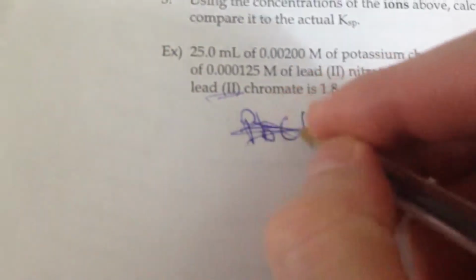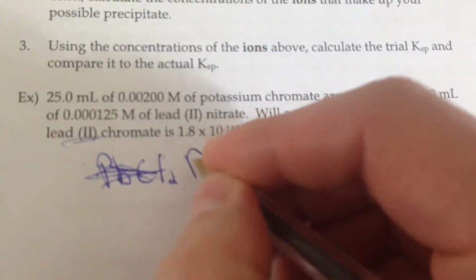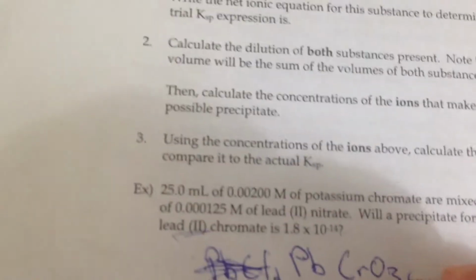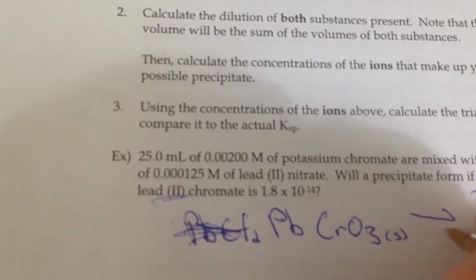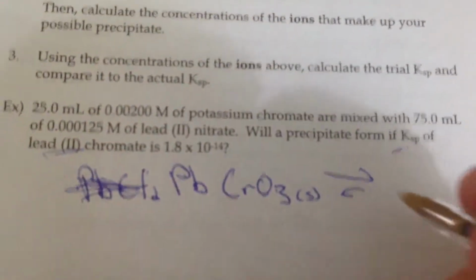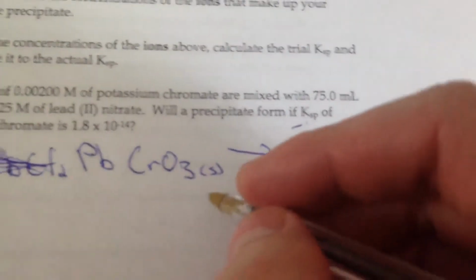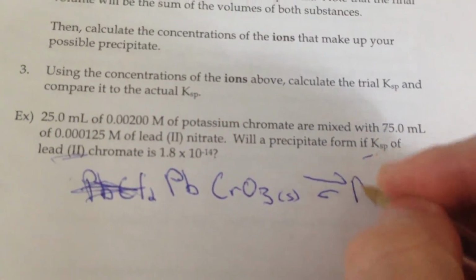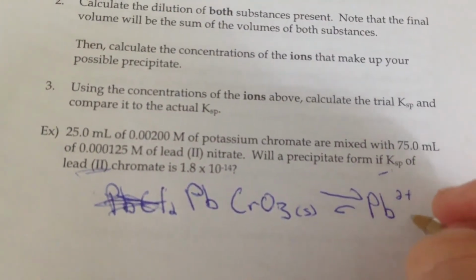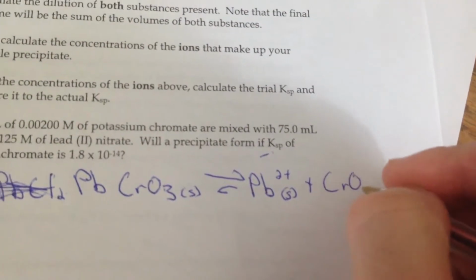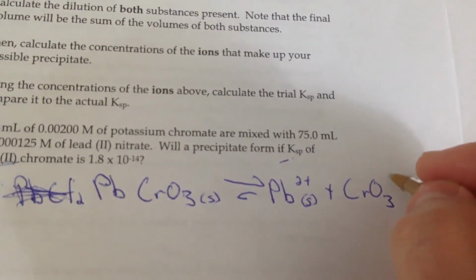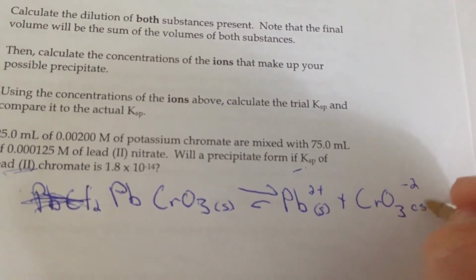So lead chromate is PbCrO3, that's a solid, and we're going to double check that when it dissociates into lead 2+ and chromate.